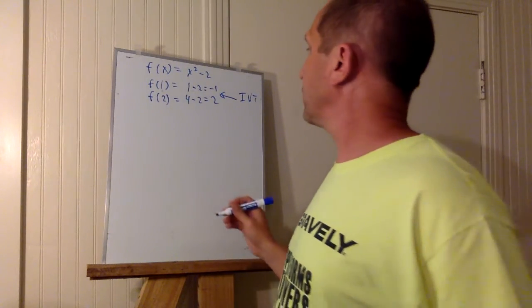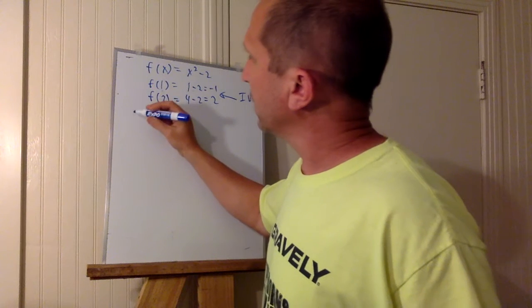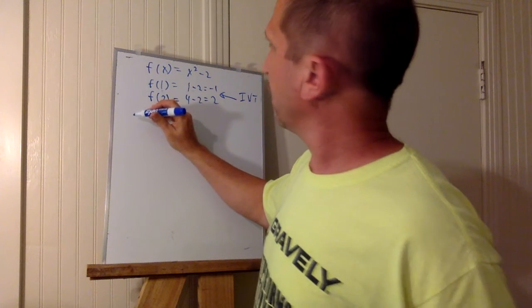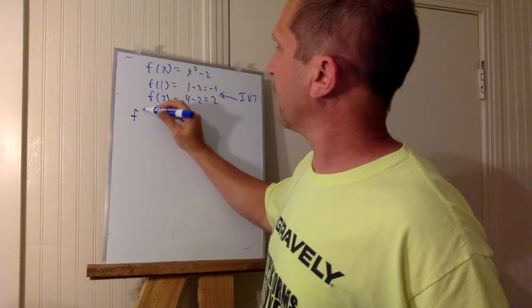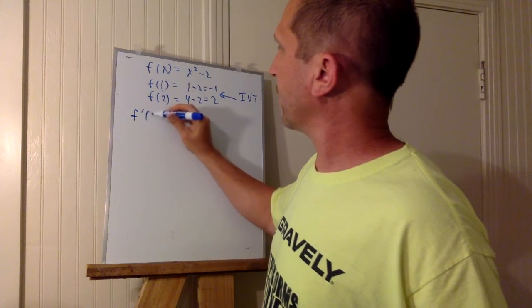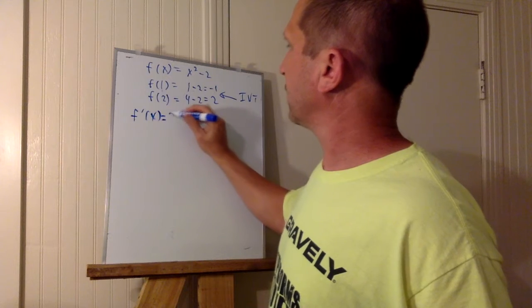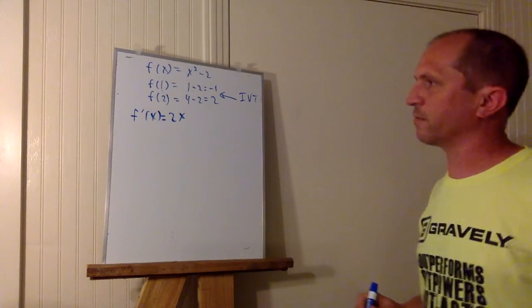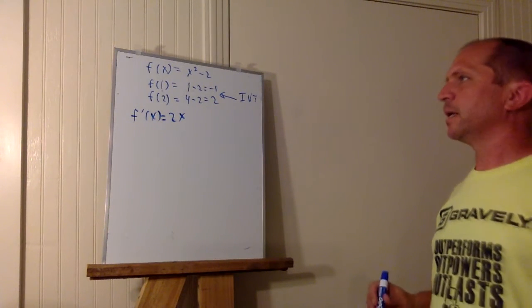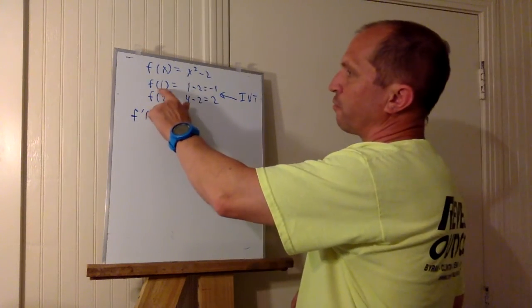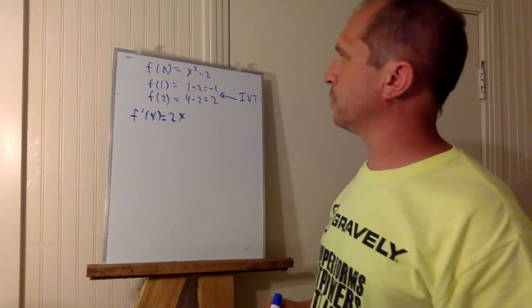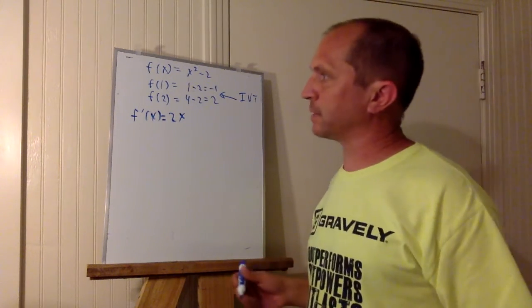So what I'm going to do from here is say, okay, well, f prime of x is, again, 2x. I could have gotten a little more creative and had something besides 2x here. Now, I'm going to use f of 1 to approximate my 0.